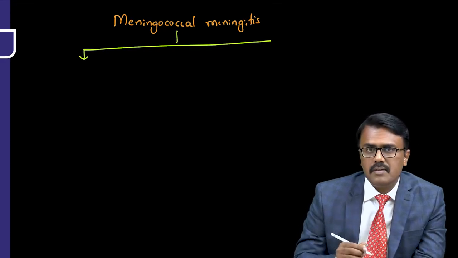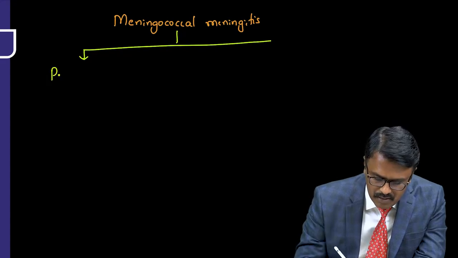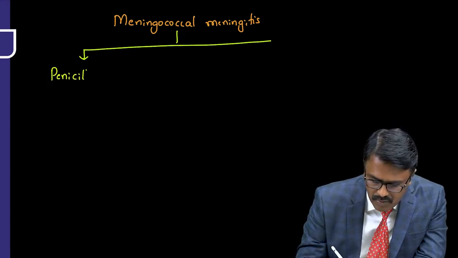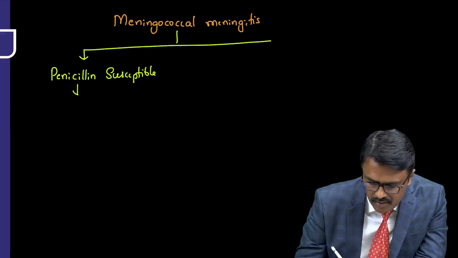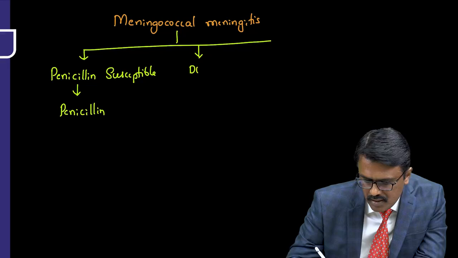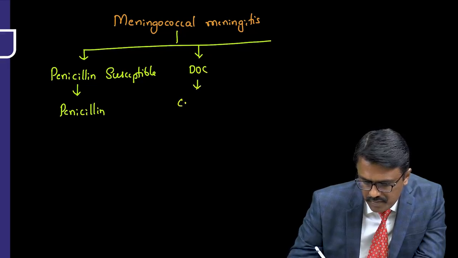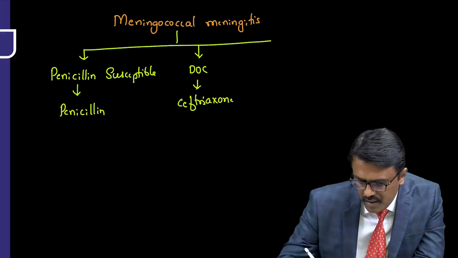If you see that it is effective with penicillin, so if the meningococcus is penicillin susceptible, then you have to give penicillin only. If not, the drug of choice is ceftriaxone.